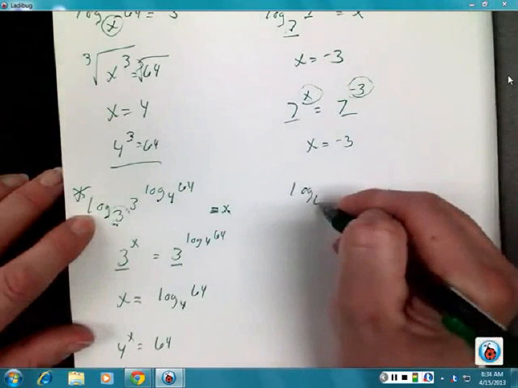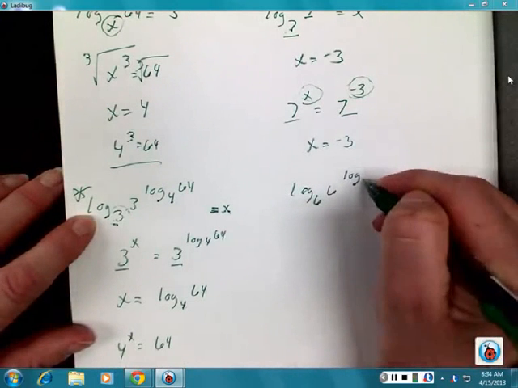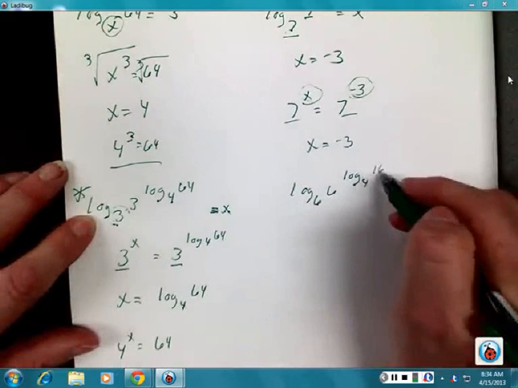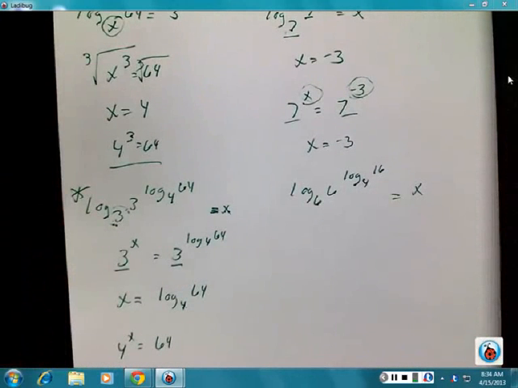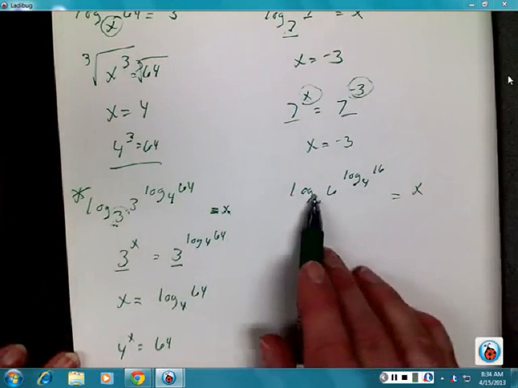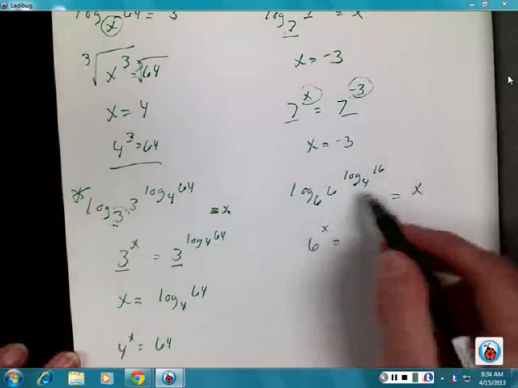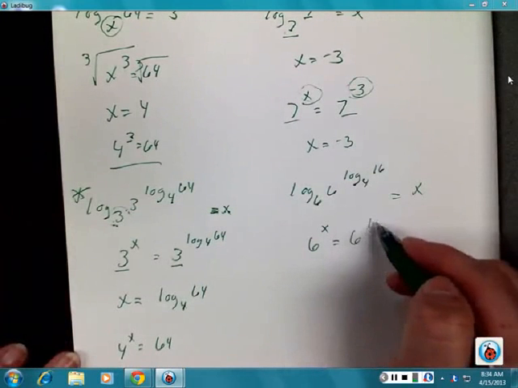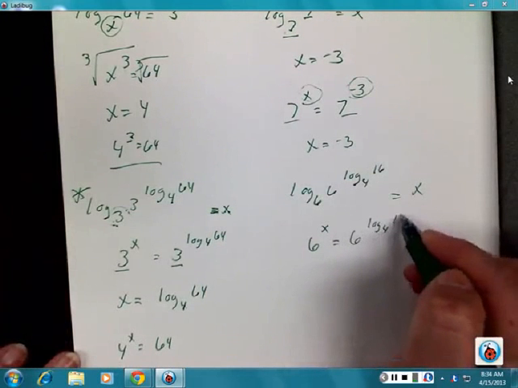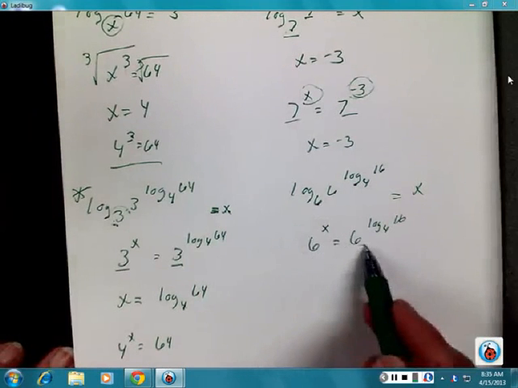Log base 6 of 6 to the log base 4 of 16 is equal to x. So if we work this guy out, base to exponent is equal to what it's set up here to. Bases match.